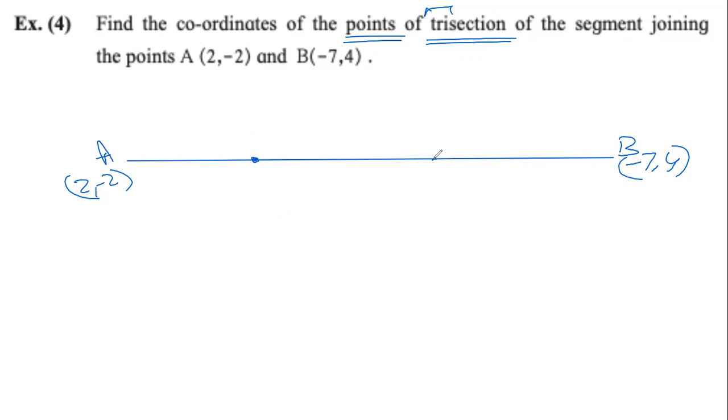This is P, this is Q. What we are trying to do now is find the coordinates of this point and the coordinates of this point. Let us understand how we can use the same section formula to find the answer here also.